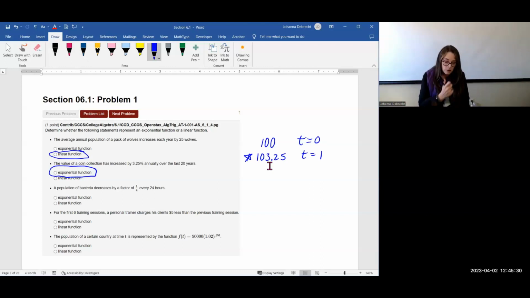Let's take a look now at the next one. The population of bacteria decreases by a factor of 1/4 every 24 hours. So at time equals 1, let's say we've got 100 bacteria. Then 24 hours goes by and it's decreased by 1/4. So we've lost 25 of them. Now we're down to 75. The next 24 hours goes by and I lose another 1/4, but 1/4 of the 75.